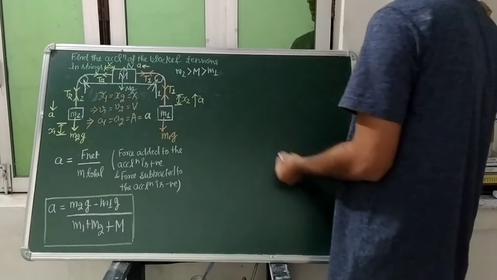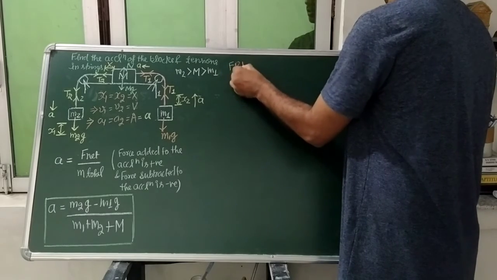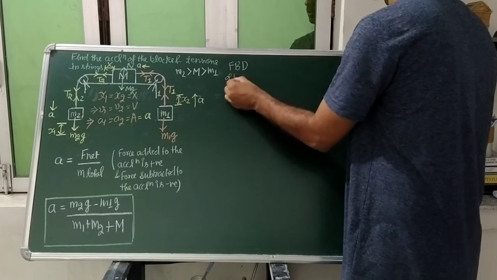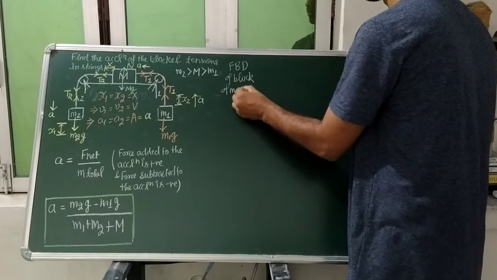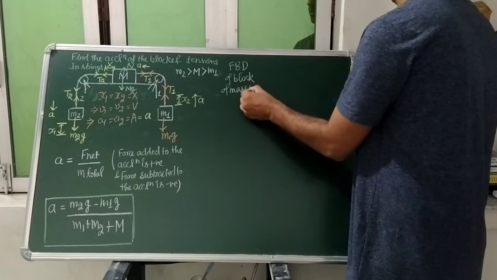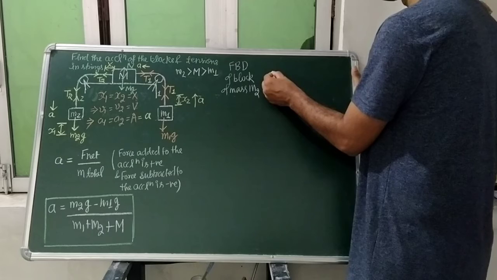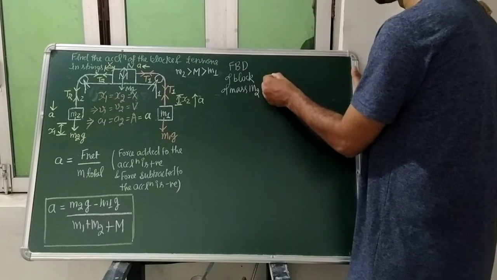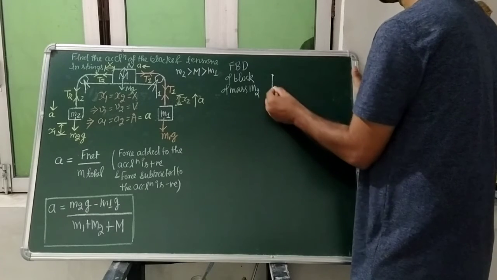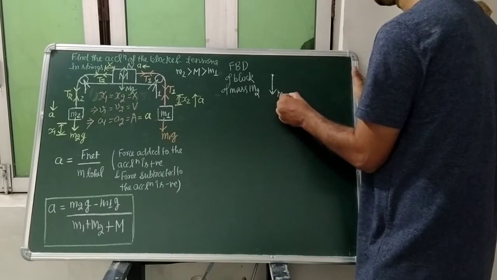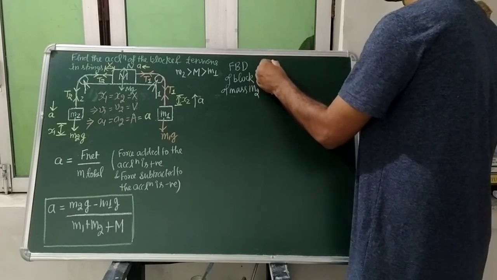Next, what will we do, students? Suppose we are saying the FBD of the block of mass, first we are considering the M2 mass. So, student, for the M2 mass, you will see that the force due to gravity is going to act on the downward side, M2G, and the tension is the T2 tension here, isn't it?